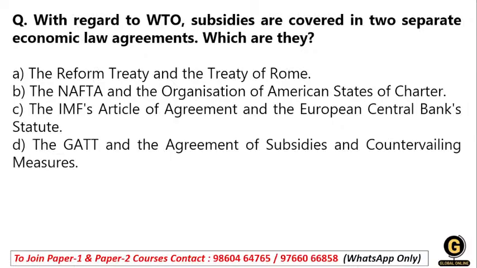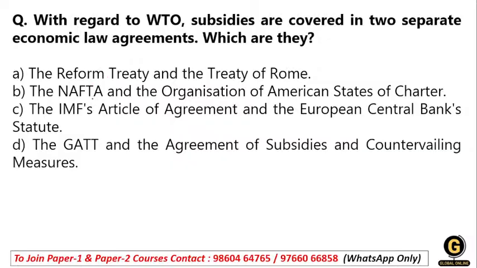Then the next one. With regard to the WTO, World Trade Organization, subsidies are covered in two separate economic law agreements. Which are they? Option number A, the Reform Treaty and the Treaty of Rome.